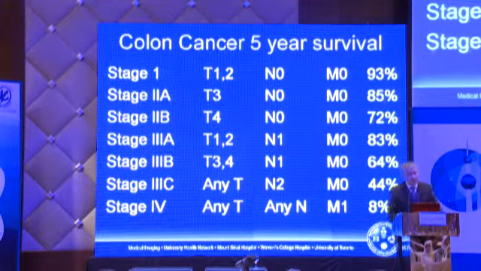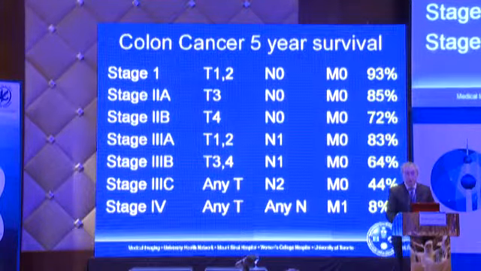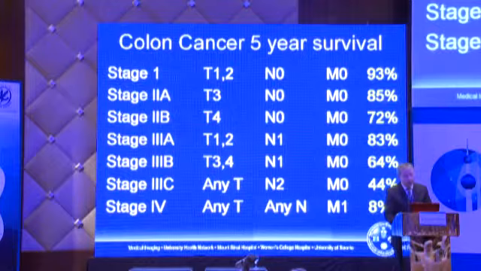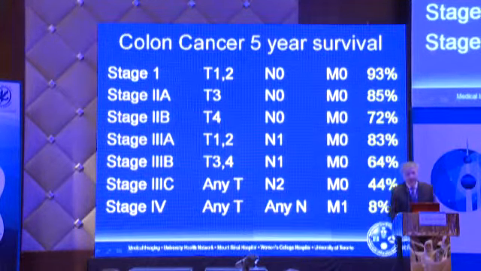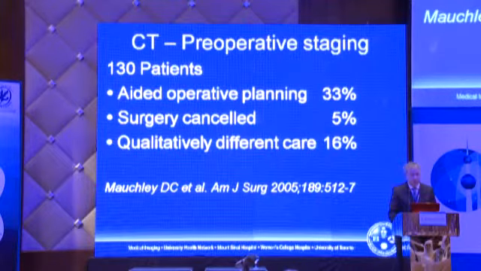And 5-year survivals are based on the stage. You can see stage 1 disease has relatively good 5-year survival. Stage 4 disease has very poor 5-year survival. And you'll note that stage 3A disease has slightly better prognosis than stage 2B disease. So that local invasion, particularly in rectal cancer, is critically important.